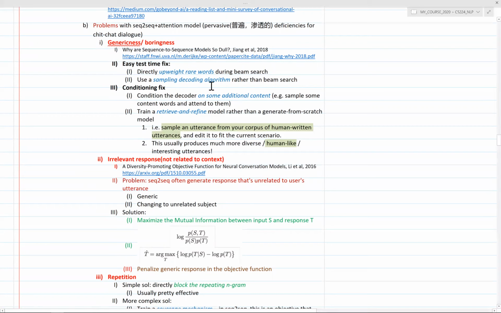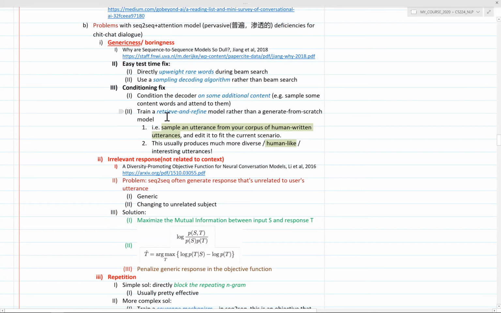We also have another way of conditioning to fix this problem. Basically, condition the decoder on some additional content, such as a specific content word that we want to attend to, so the dialogue could go in that direction instead.